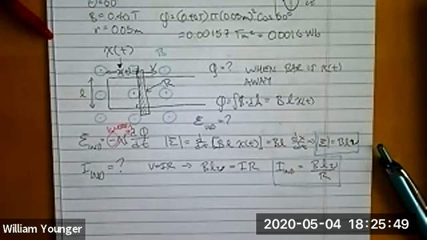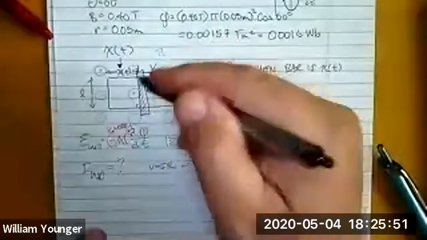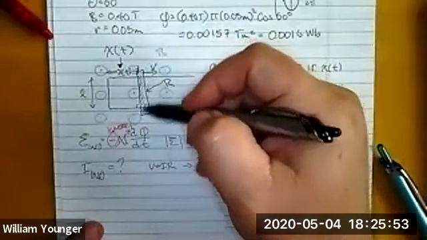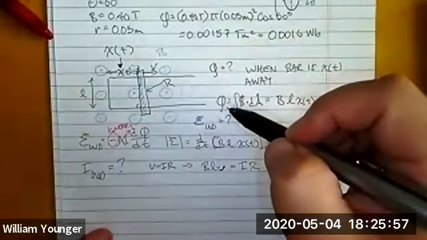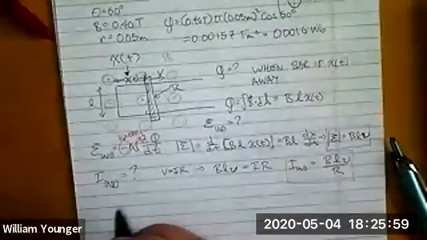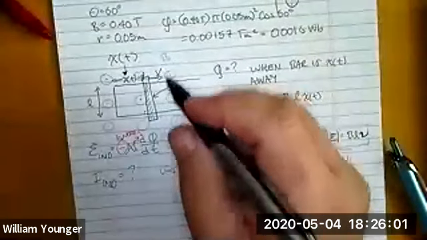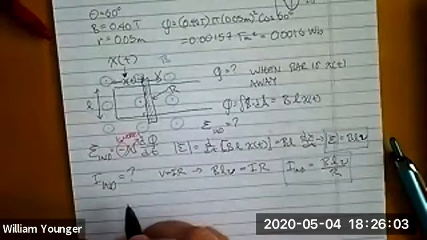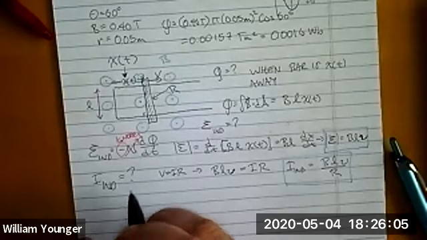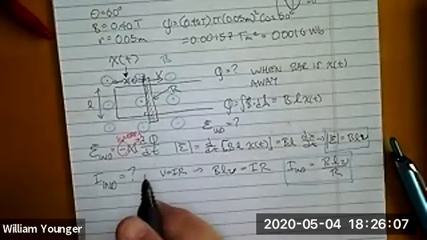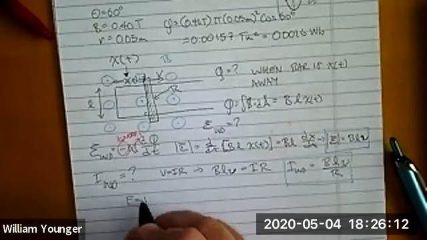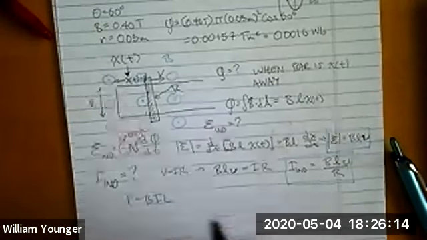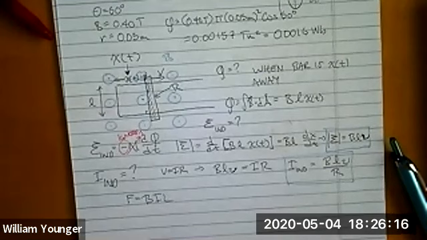And the last thing I might ask is, ignoring friction on this rod right here, what is the force required to move this rod? Well, we know that the force on a current carrying wire, per unit length anyways, or actually I shouldn't say that. The force on a current carrying wire is F is equal to BIL, assuming that the current's actually perpendicular to the magnetic field, which it is.